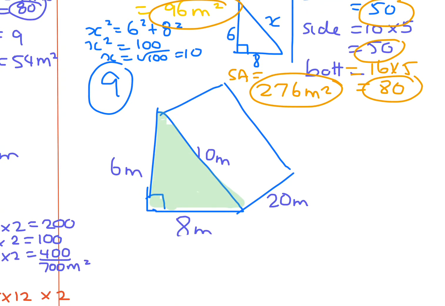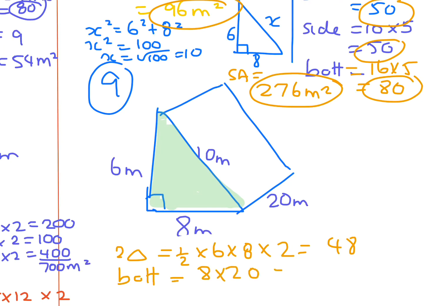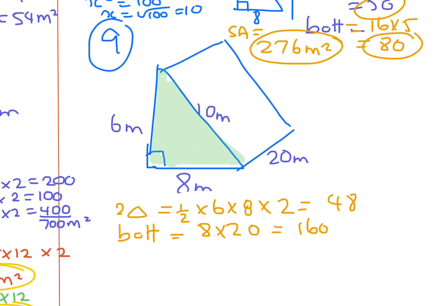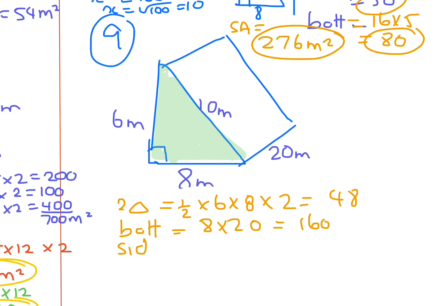Okay, and finally, this last one, the triangles. So you go 2 triangles, so it's a half times 6 times 8 times 2, get 48. The bottom, 8 times 20, which is 160. Side, which is 10 times 20, which is 200.